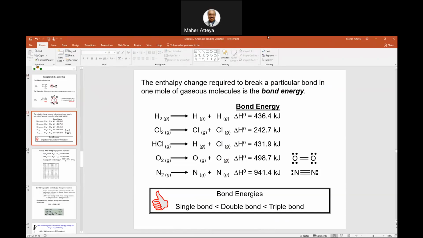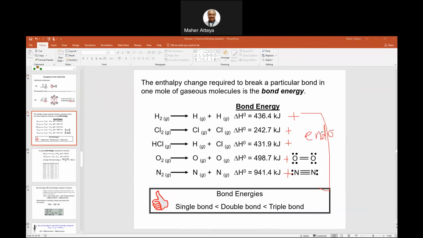Endothermic. And therefore, can you see this here? Look at this, guys. All those are positive. Do you see a negative value? No, positive. So all these processes are endothermic, because you have to deliver this energy in.